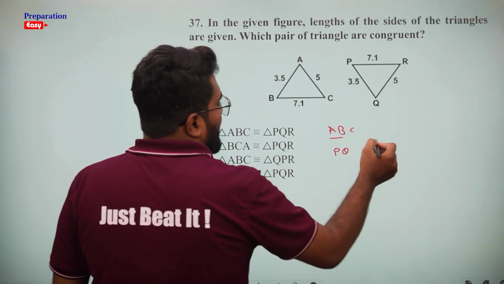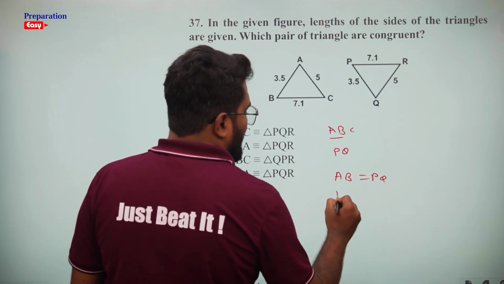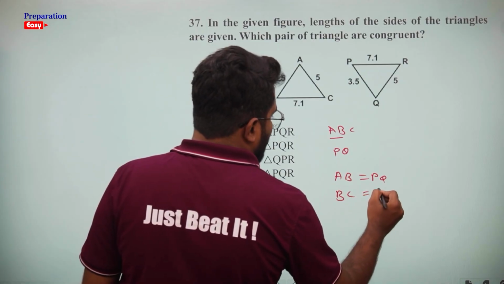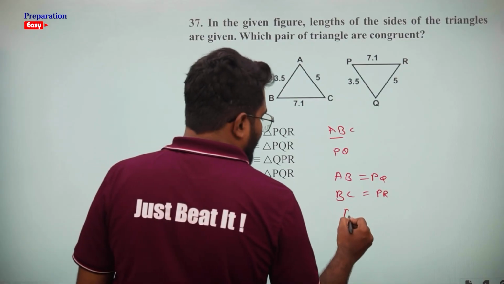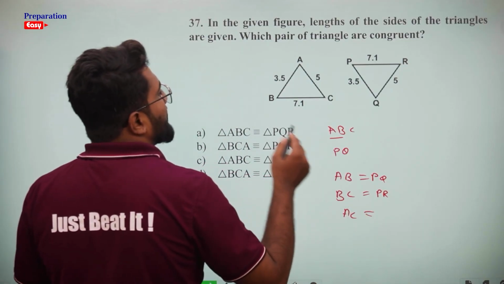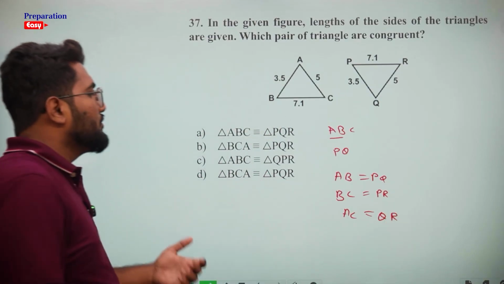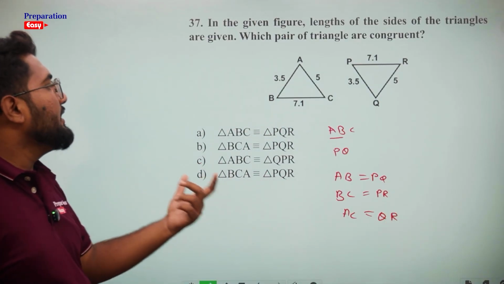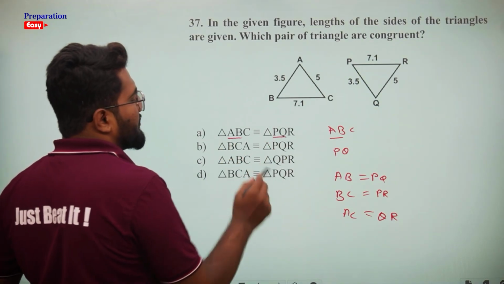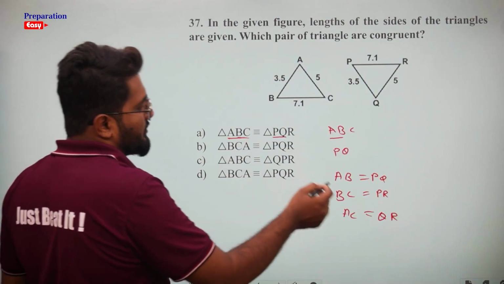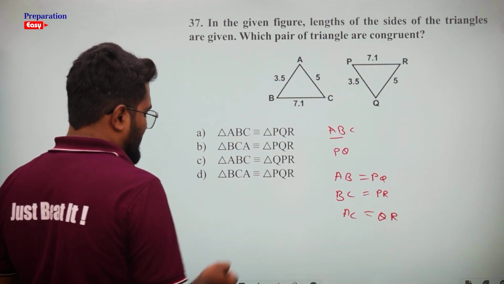So AB equals PQ, BC equals PR, and at last AC is equal to what? AC is 5, QR. So which sides are equal? AB equals PQ. BC is equal to PR, but not the same, so first option will be wrong.